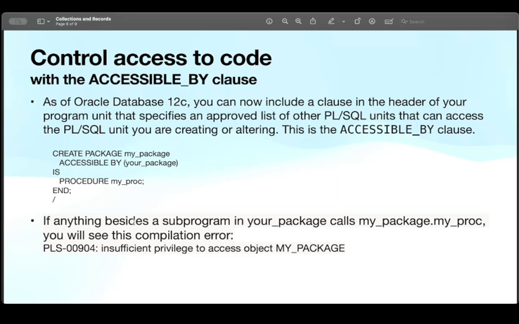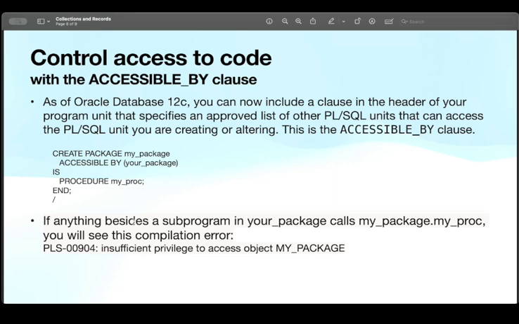As of Database 12c, you can now include a clause in the header of your program unit that specifies an approved list of other PL/SQL units that can access the PL/SQL unit you are creating or altering. This is the accessible by clause.